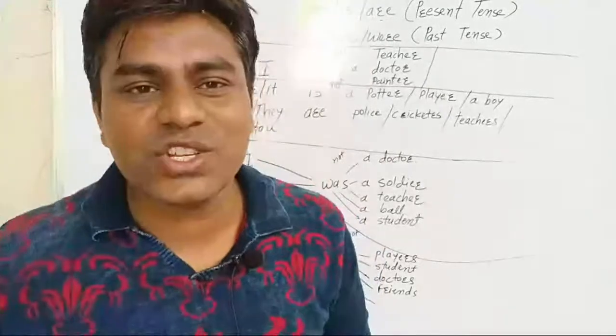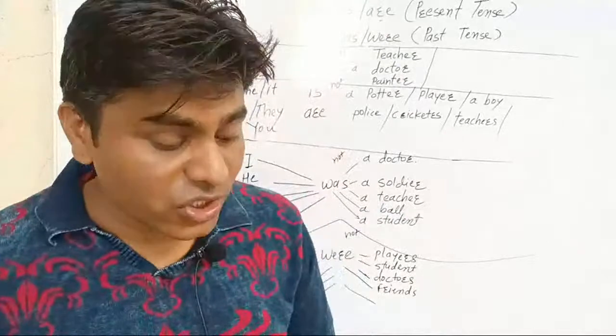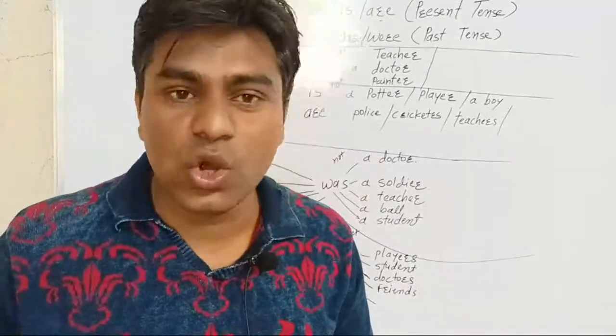If you have a lot of sentences, then you can use them. So for today, we have to stop here, and tomorrow we'll see a different topic of the spoken course.